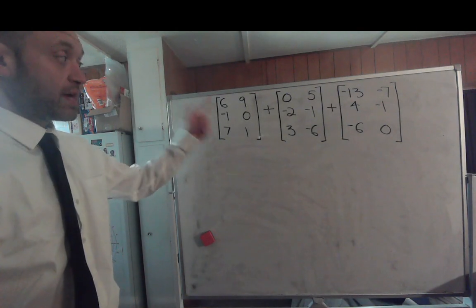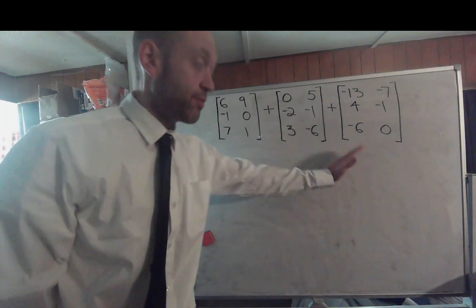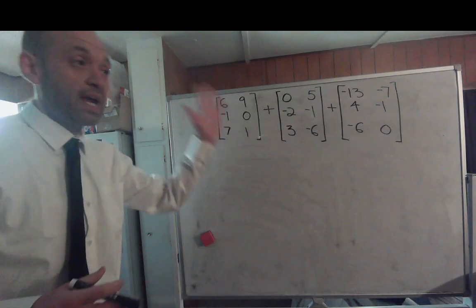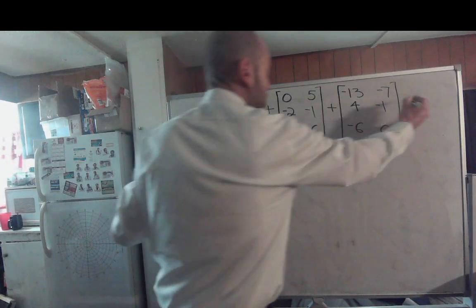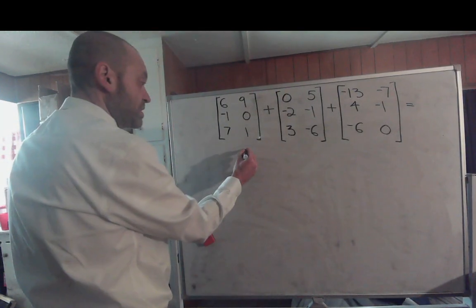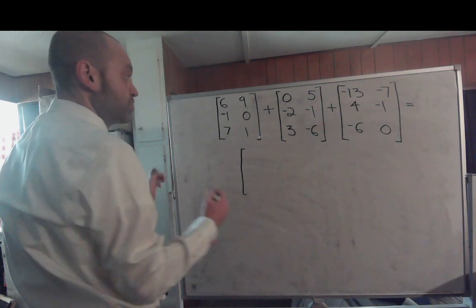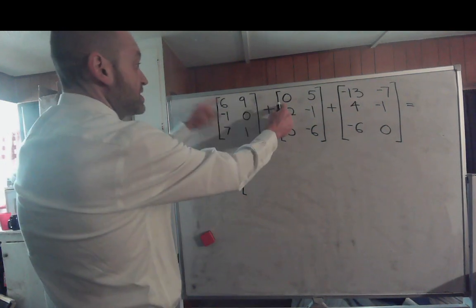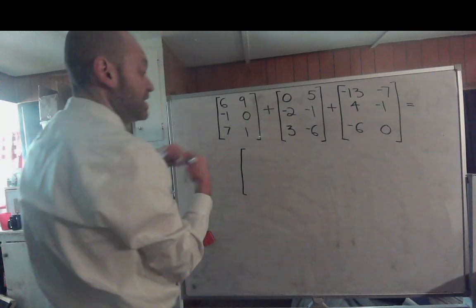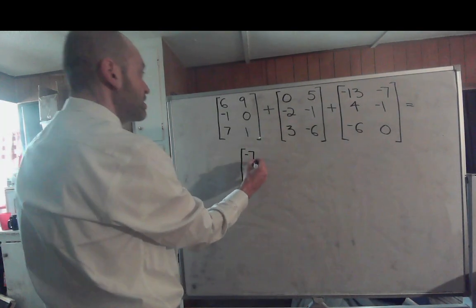Each of these are a 3 by 2 matrix. You have 3 rows but 2 columns. So we can add all 3 of these together. So we'll just add their respective entries and come up with a single matrix. So 6 plus 0 is 6, minus 13 is -7.